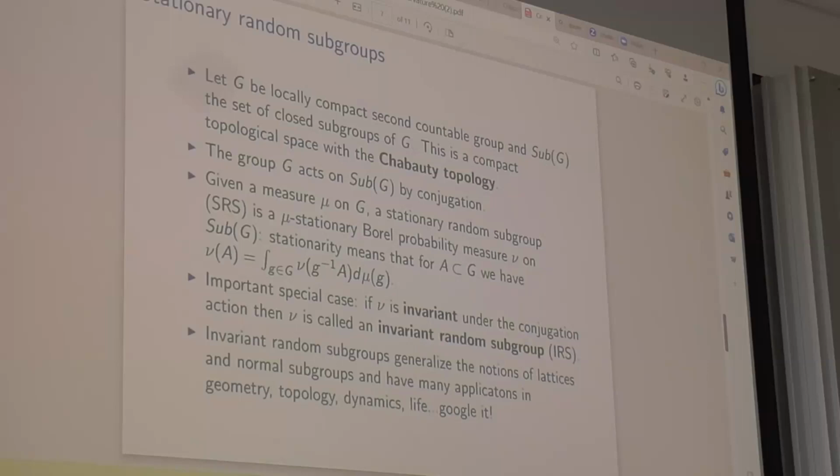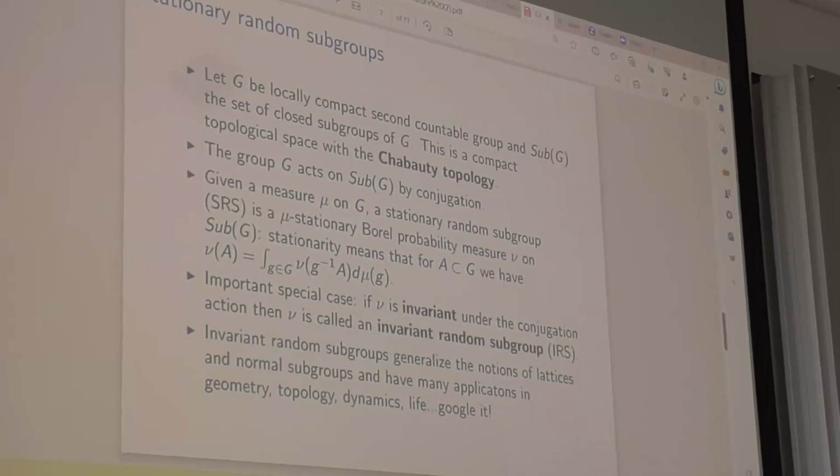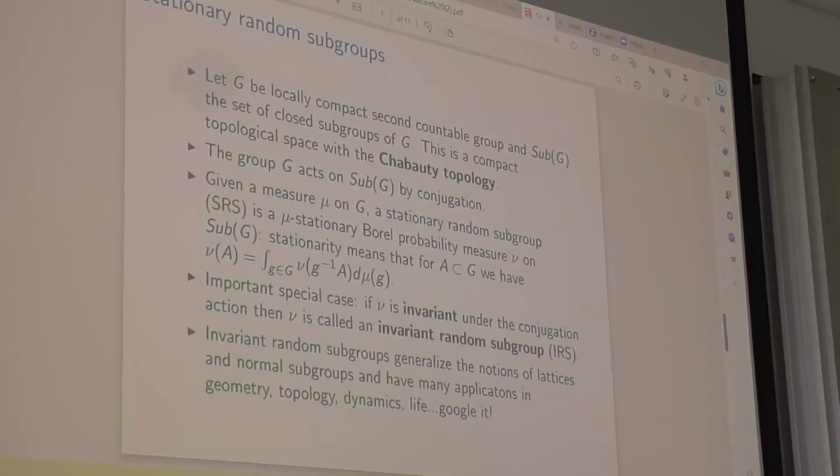It means if you average it with respect to one step of your random walk, you get it back. A very special case of stationary measures, which are stationary with respect to any random walk, are the invariant measures. So if nu is invariant under the conjugation action, then you call it an invariant random subgroup, or IRS.